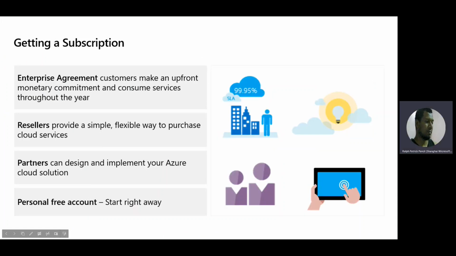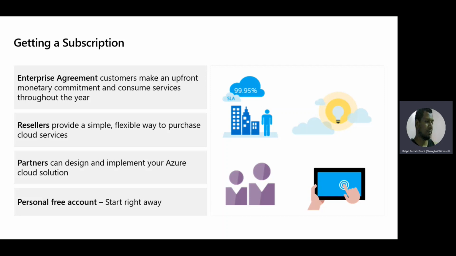All right, so let's talk about how to get access or how to get a subscription. There are several ways to get an Azure subscription, and some of the ways are listed here. We have enterprise agreement, resellers, partners, and personal.